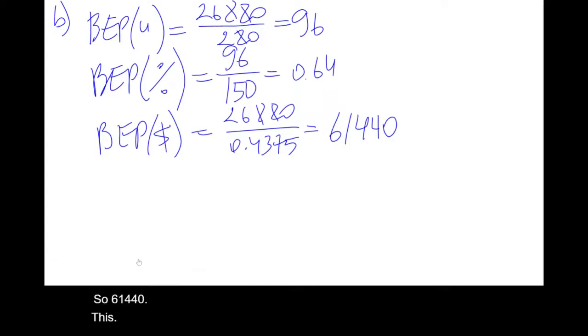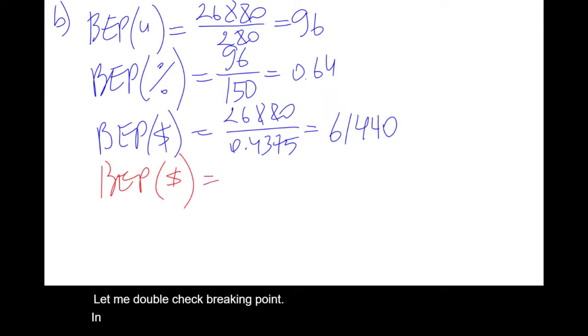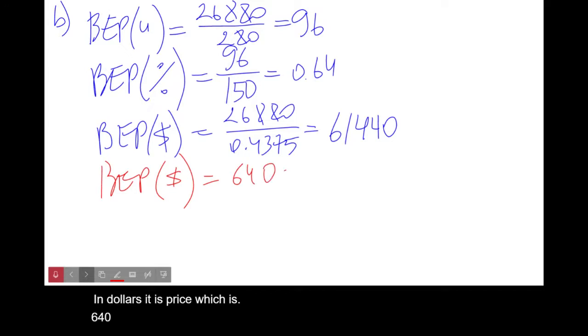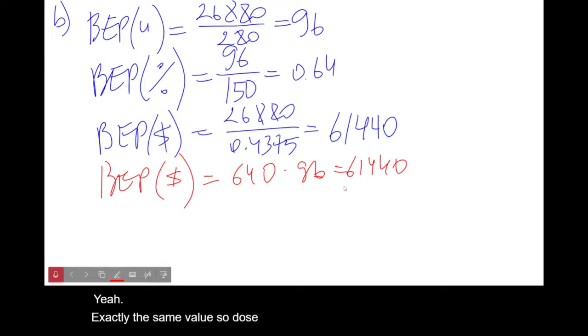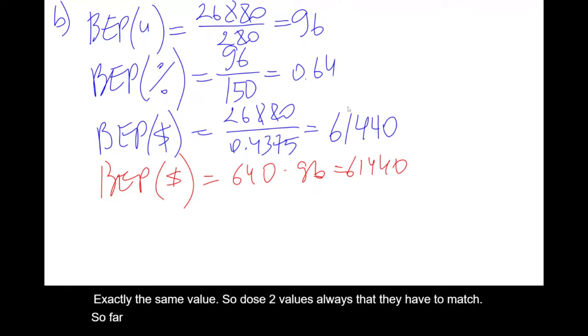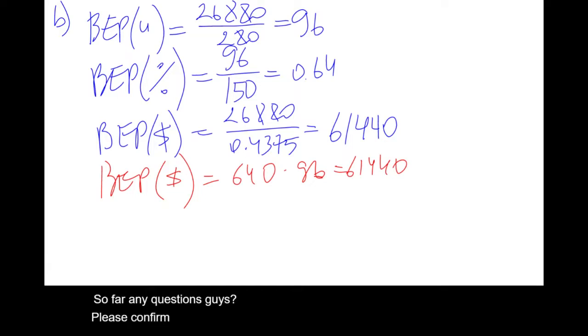Let me double check, break-even point in dollars, it is price, which is 640 times 96. Let's see. Yeah, exactly the same value. So those two values, obviously, they have to match. So far, any questions, guys? Please confirm my values. Let me know when you're ready to continue.